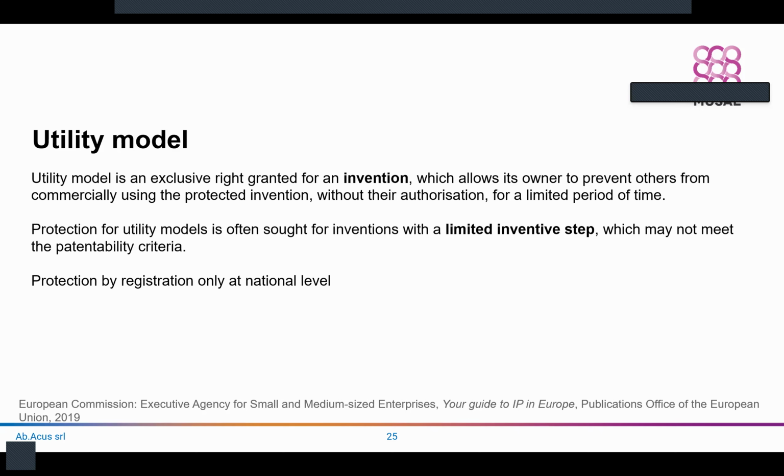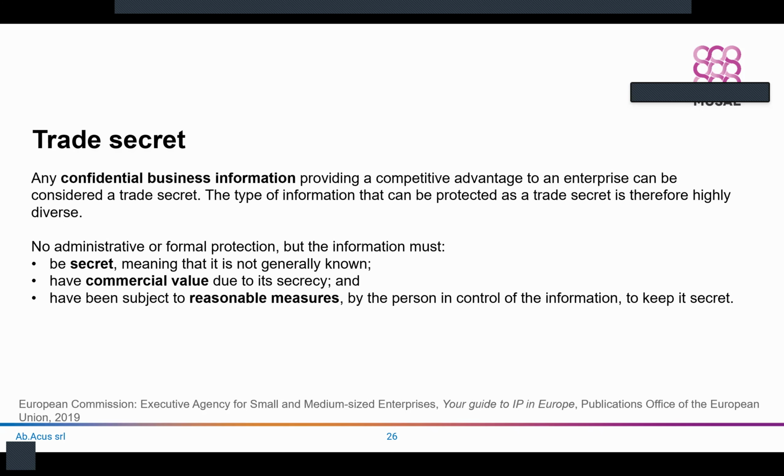The last protection you may have of this kind of product, of invention, is the trade secret. A trade secret is defined as any confidential business information providing a competitive advantage to an enterprise. The type of information that can be protected as trade secret is therefore highly diverse.